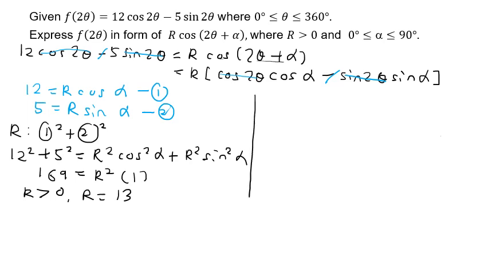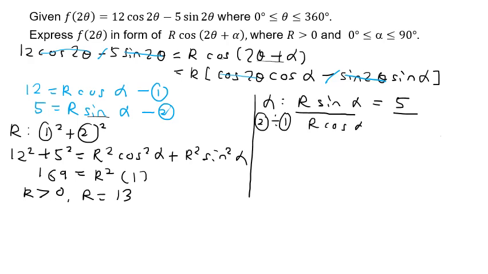And then we want to find α. To find α, identify the sine, which is in the second equation. Sin divided by cos gives tangent. So the second equation, r sin α = 5, divide by the first equation, r cos α = 12.